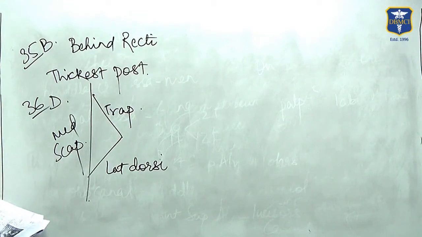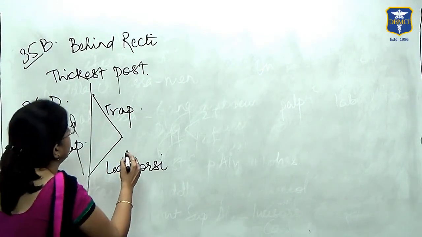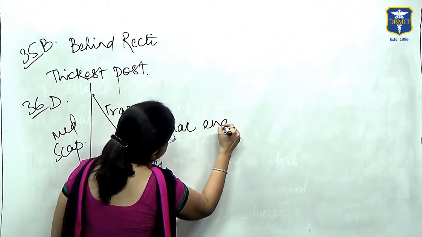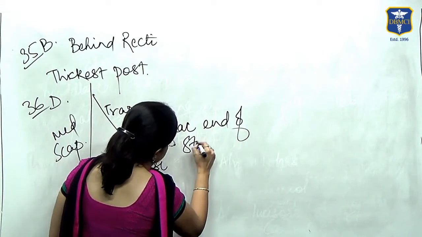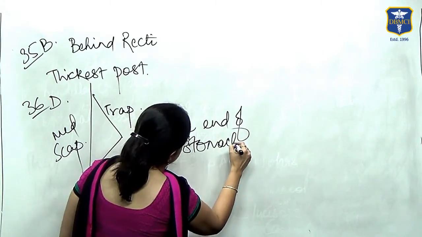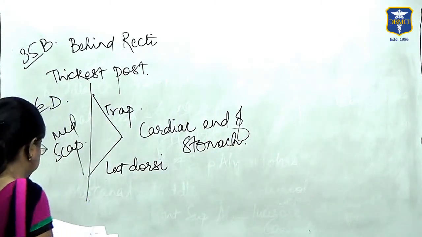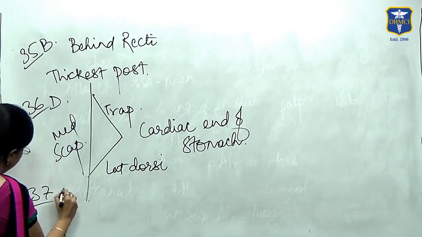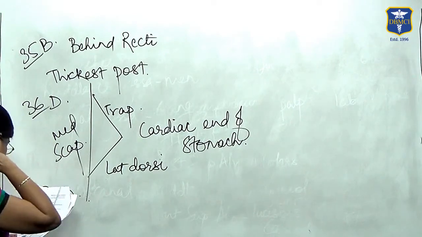The cardiac end of the stomach lies deep to this triangle. Question 37, the answer is D.